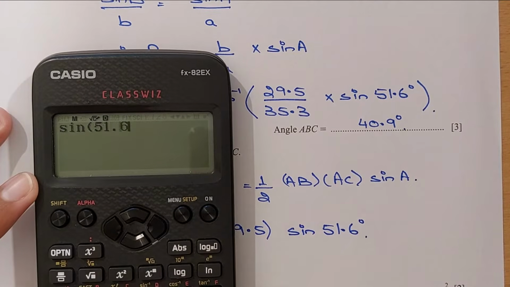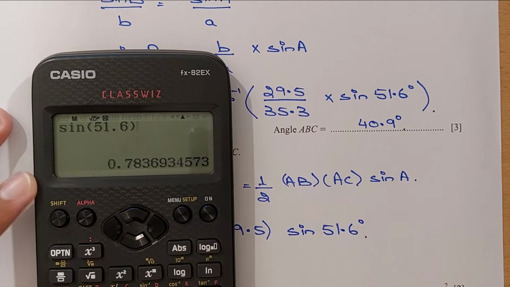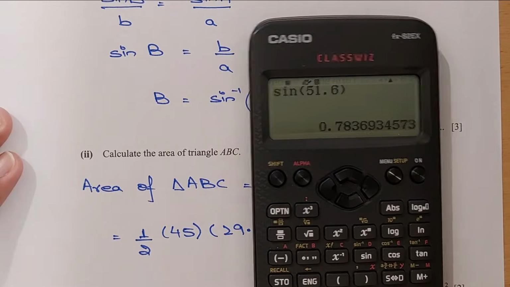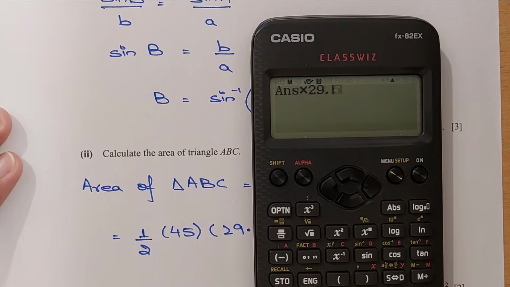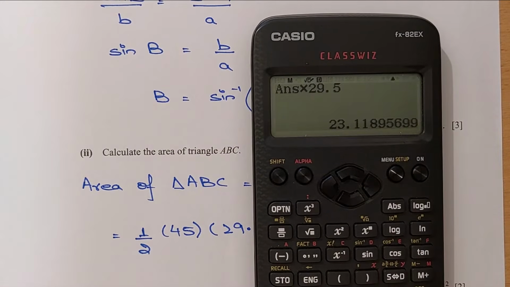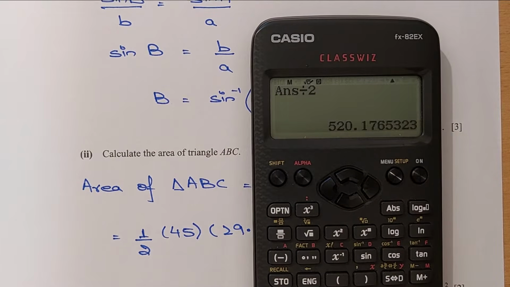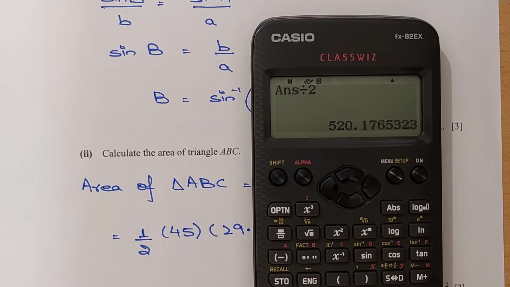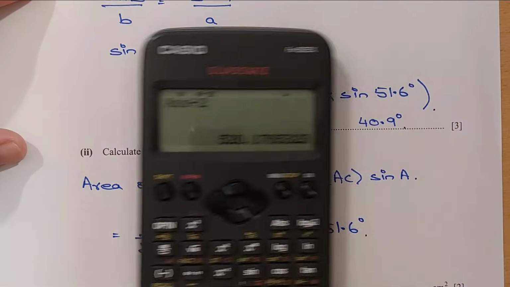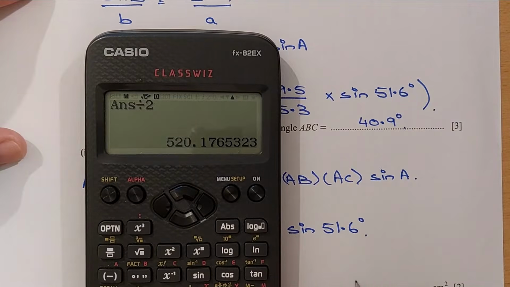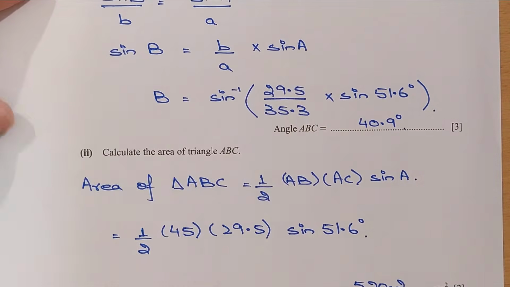Sine 51.6 times 29.5, and then times 45, and then times 0.5, because 1 by 2 is just dividing by 2. 520.17, or if I round it, 520.2. 520.2 centimeters squared is the area of the triangle ABC.